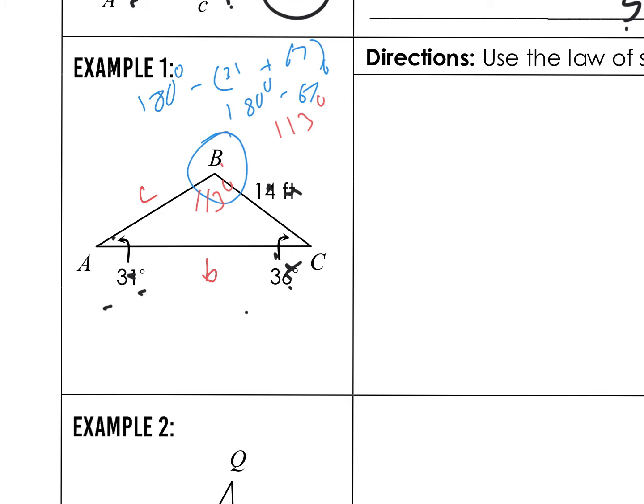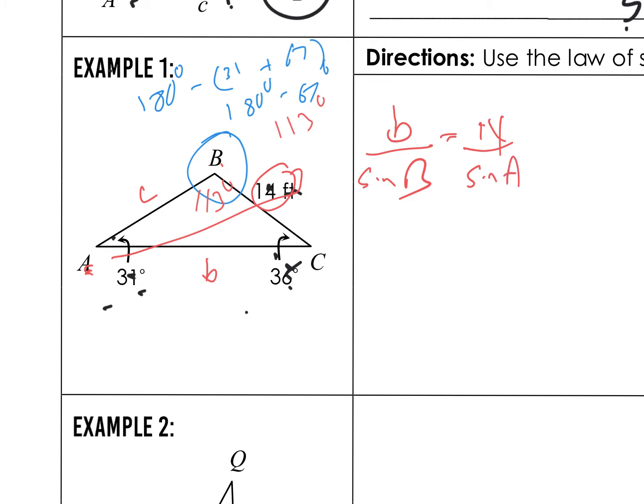Since I'm looking for side B, I'm going to put the side B on top and put sine of angle B. And then for the other one, here's angle A. It matches with this 14. I'm going to put 14 over sine of A. I could have plugged in the angle.